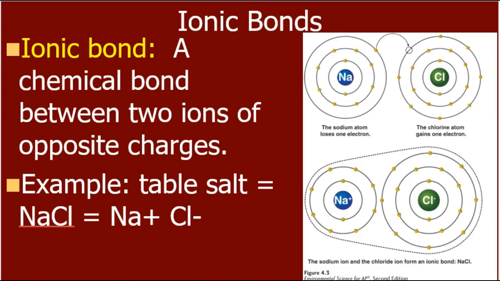They become charged particles, either strongly positive or strongly negative. So sodium chloride, they still act like a magnet, except they stick together much more strongly than a hydrogen bond. So it's much harder to rip these apart. Still easier than a covalent bond, but harder to rip apart than a hydrogen bond.